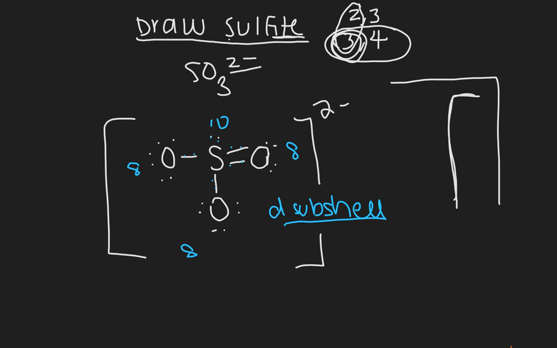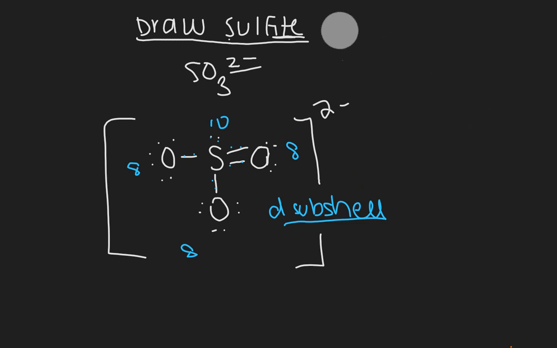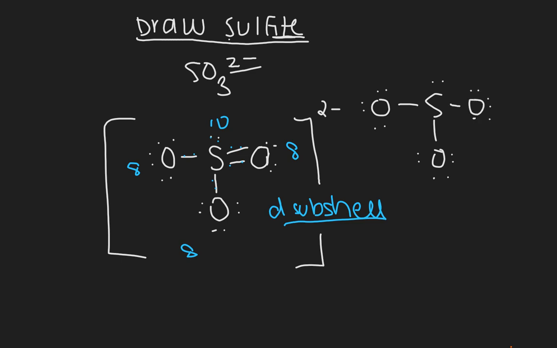But if you've learned about dative structures before, otherwise known as coordinate covalent bonding, once you get to this stage right over here, you might realize, wait, there is another way to bond this, and yes, there is. You can use a dative bond. In a dative bond, instead of them sharing one electron each, sulfur shares both of its electrons.